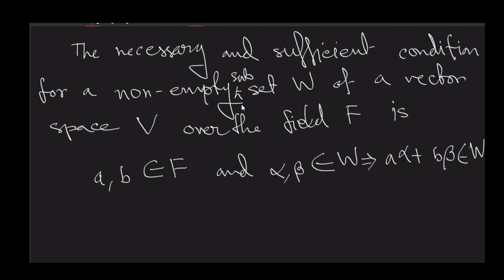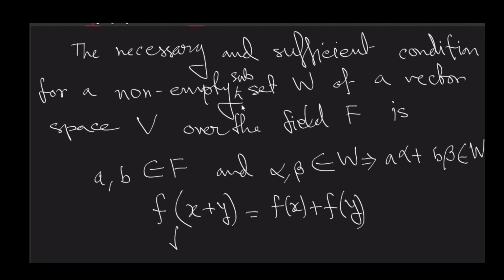So if a function obeys the superposition principle, suppose a function f is linear, obviously it has to obey superposition principle, then f of x plus y is equal to f of x plus f of y, and f of cx is equal to c of f of x.